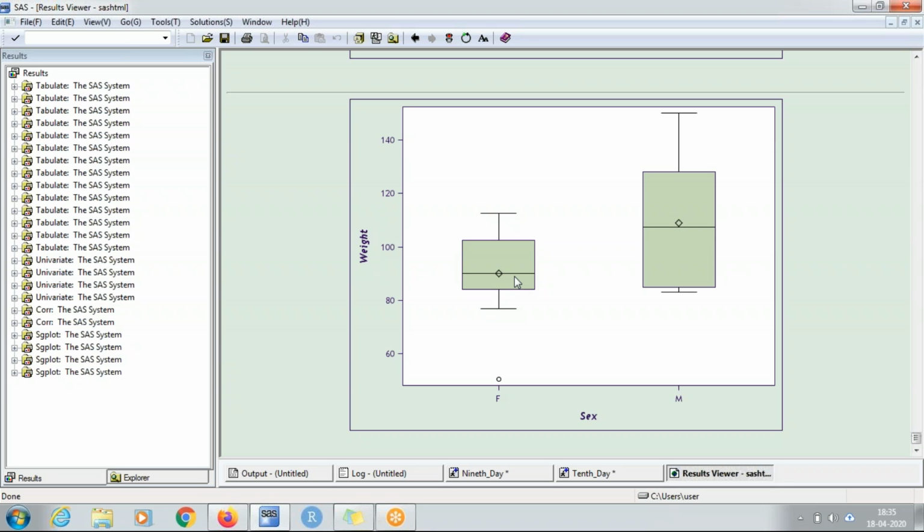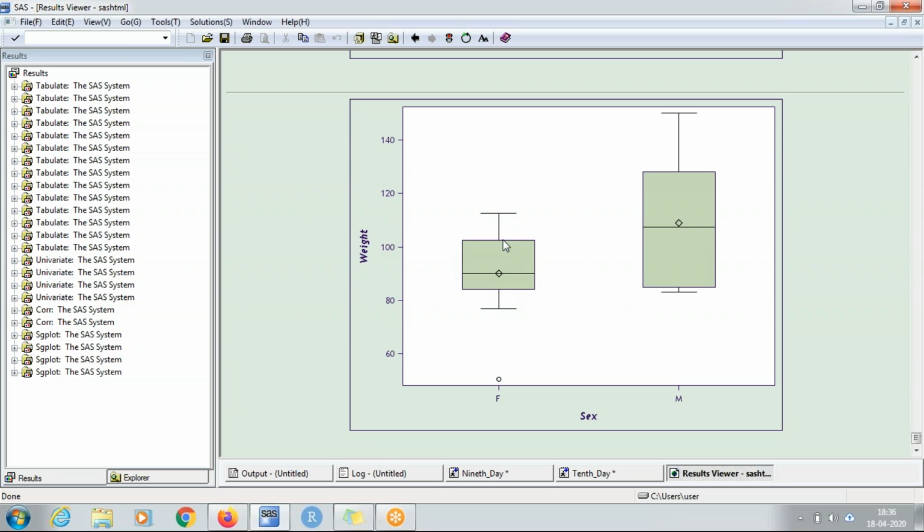Right. So for your information, a box plot is also known as a box and whisker plot. So these are not the outliers, these are the whiskers of your box. From this point to this whisker, 25% of the population will lie.